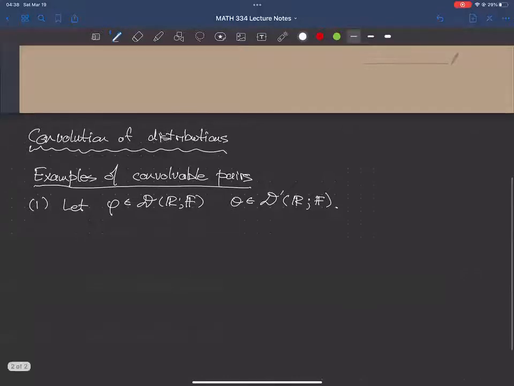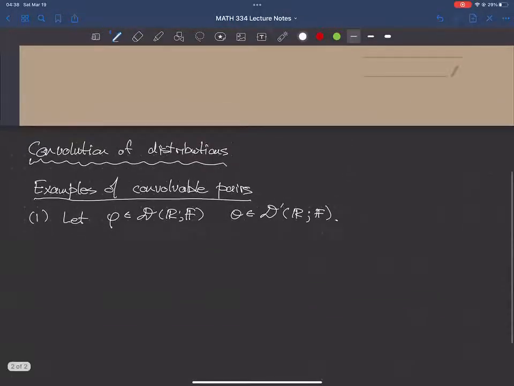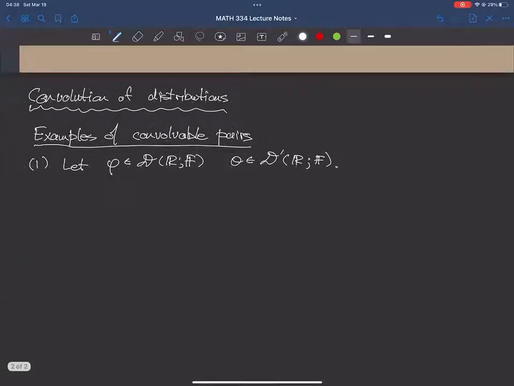So let me write first. Let me abuse notation and write this instead of this. So theta is a distribution, theta sub phi, because phi is a locally integrable function. This is also a distribution, but instead let me write that.